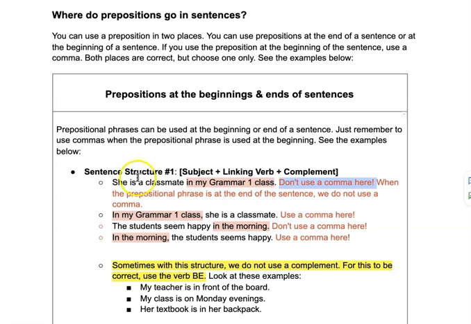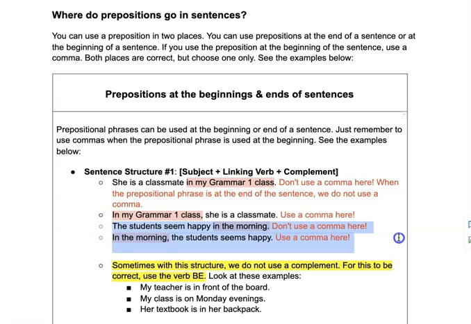But if we take this sentence, same sentence, but now we move the prepositional phrase to the beginning. Look what happens. I'm now using it at the beginning, so I need to use a comma here. After the preposition, the object of the preposition, I use a comma to separate the object of the preposition from the subject of the sentence.